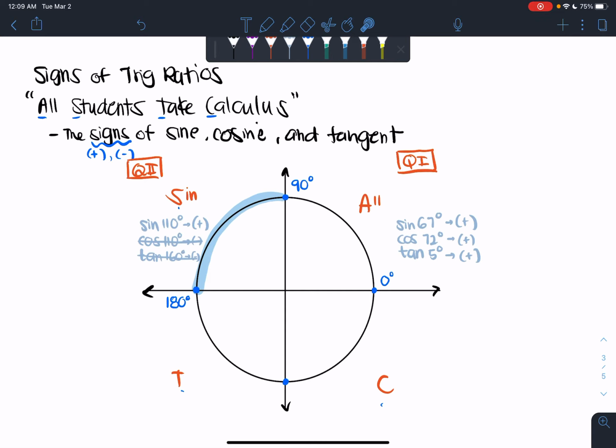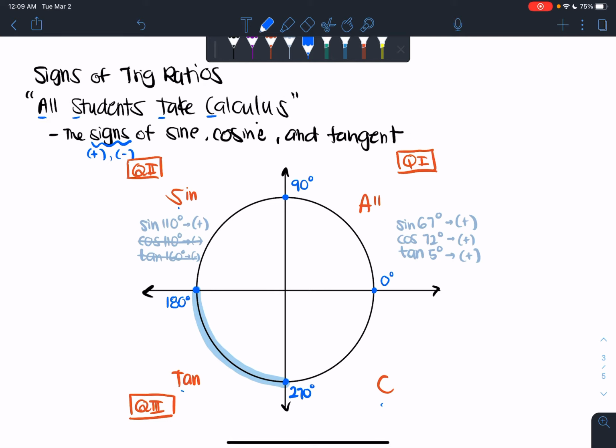The same logic follows for quadrants 3 and 4. In quadrant 3, the only ratio that is positive will be the tangent. Q3 consists of everything from 180 degrees to 270 degrees.